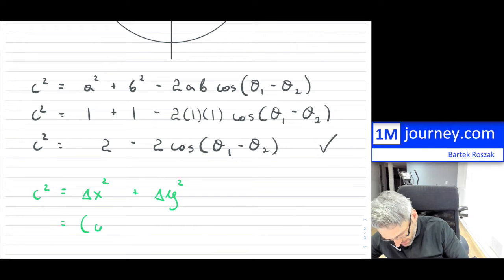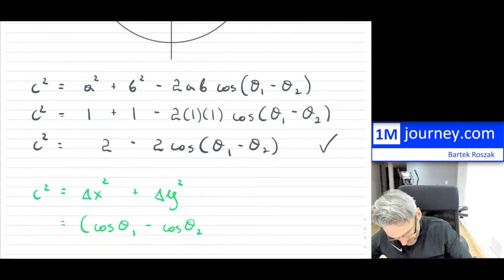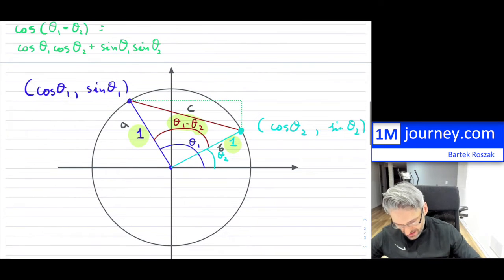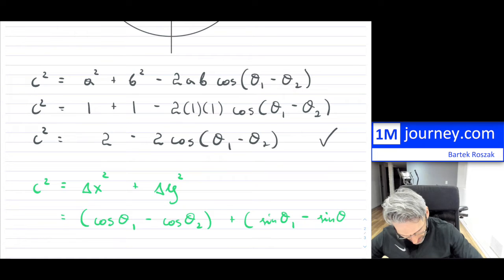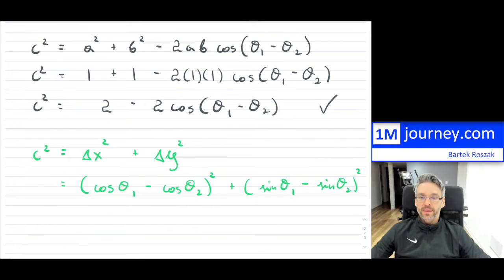So this is going to be cos of theta 1 minus cos of theta 2, that's my distance in the x. My distance in the y is going to be plus sine of theta 1 minus the sine of theta 2. Both of these are squared by the Pythagorean theorem.